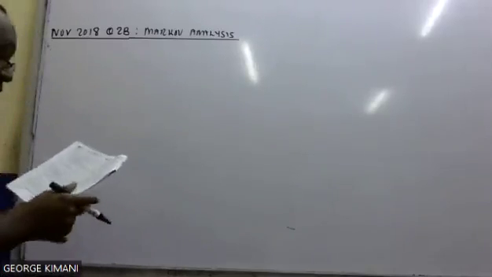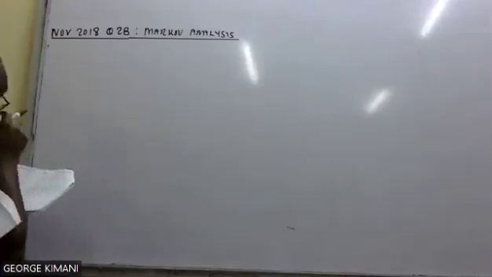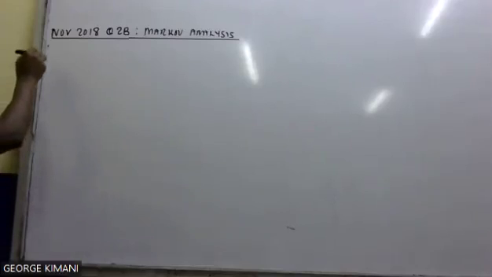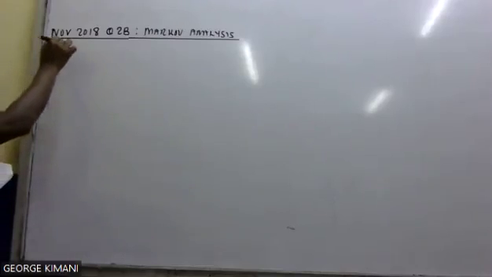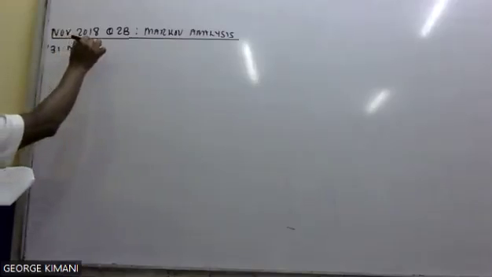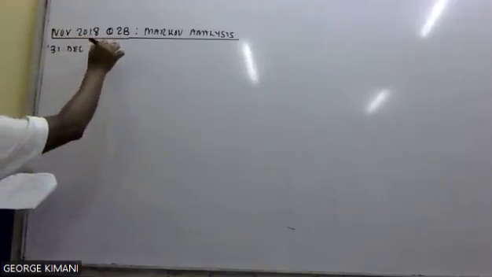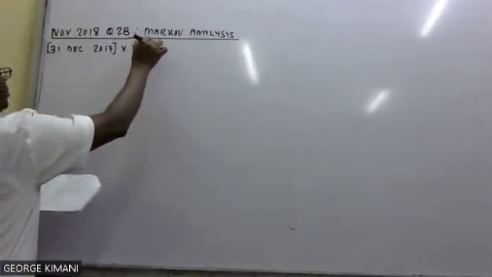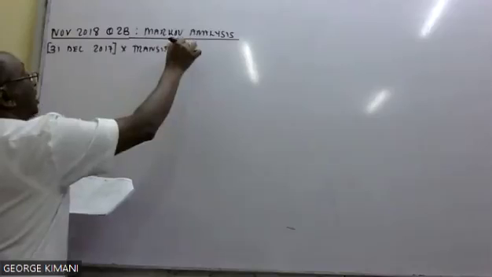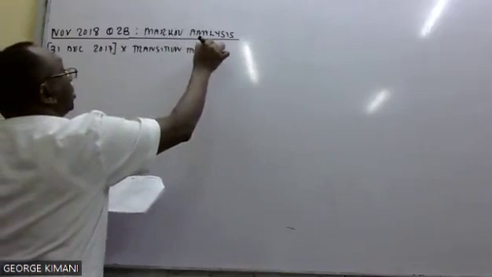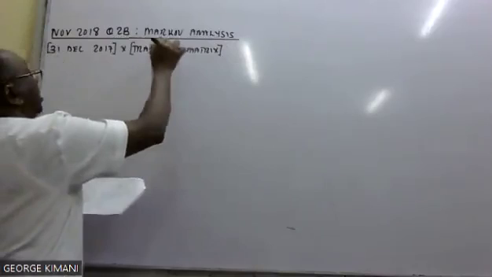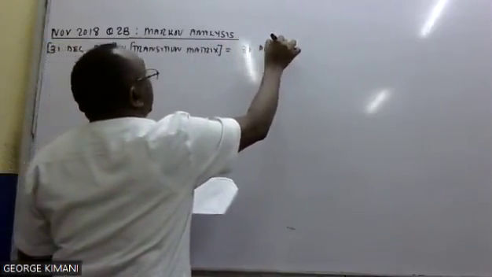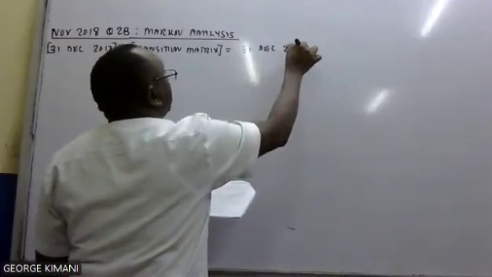So when you are told to get that 1st December 2018, you will argue like this. That 1st of December 2017, when you multiply by the transition matrix, you get that 1st of December 2018.